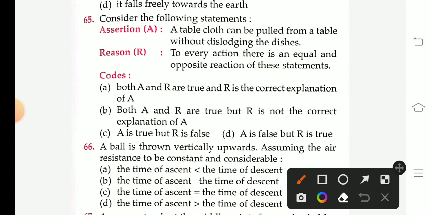Reason R: to every action there is an equal and opposite reaction. Of these statements, A is false but R is true.